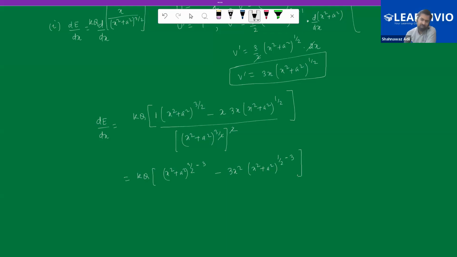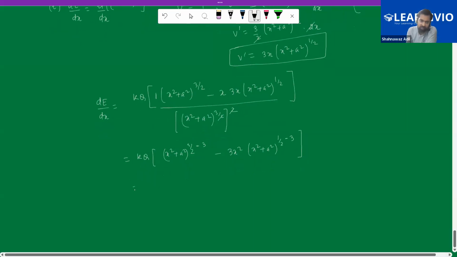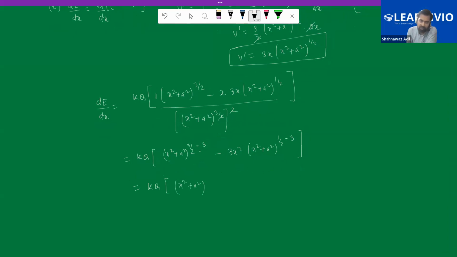Yes, sir. So what would be this thing? So this is kq(x² + a²) to the power of (3 minus 6)/2, right? And then this is minus 3x²(x² + a²) to the power of (1 minus 6)/2.